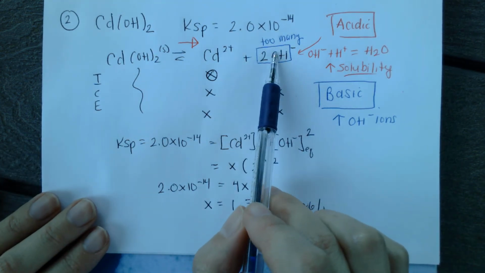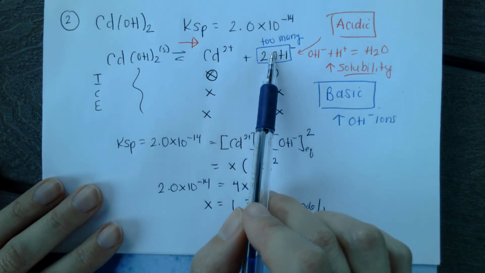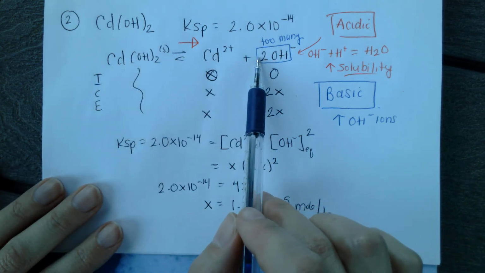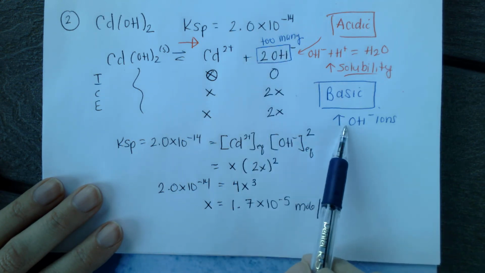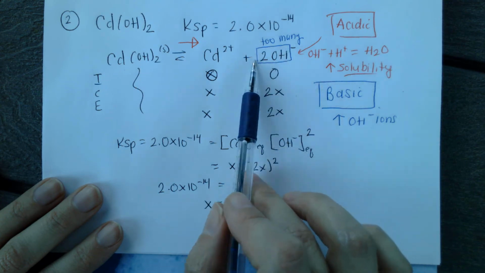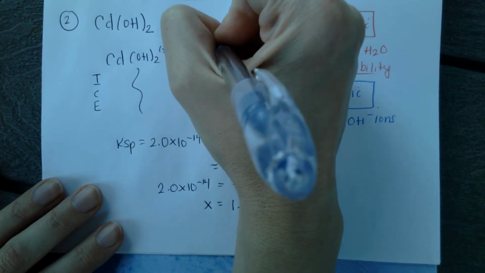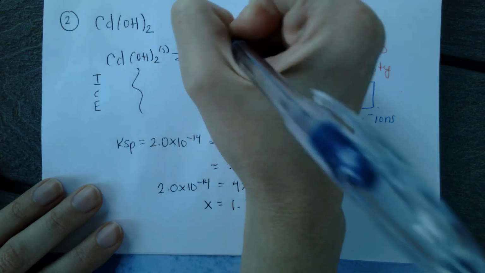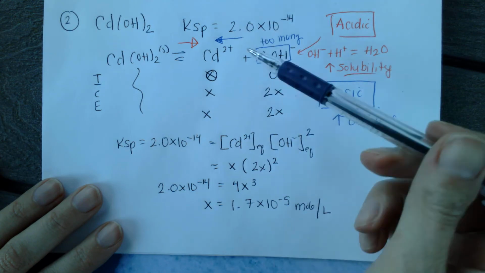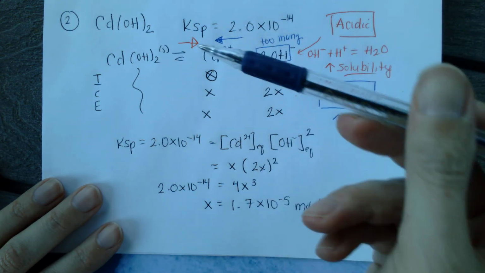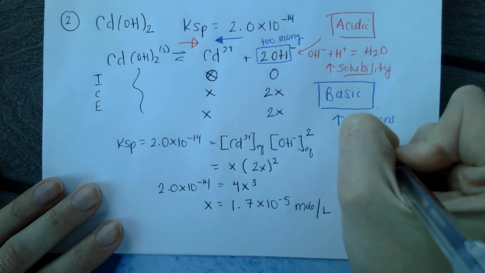The way the system responds is to shift to remove some of that hydroxide, so we have a reactant shift. In basic conditions, we shift towards the solid, which means we decrease solubility.